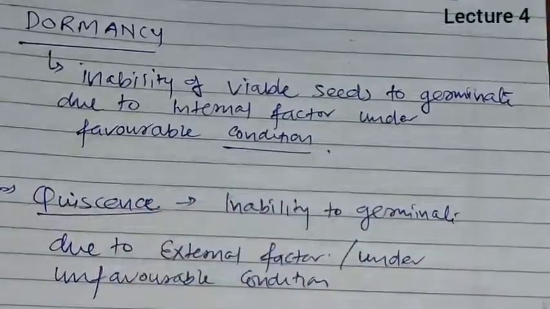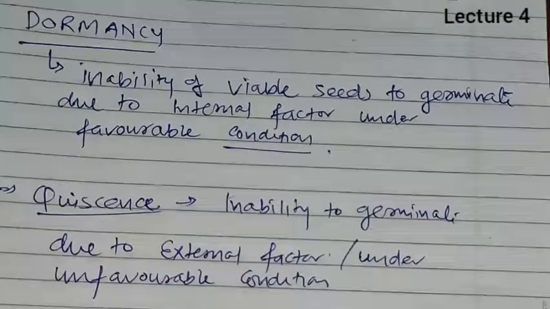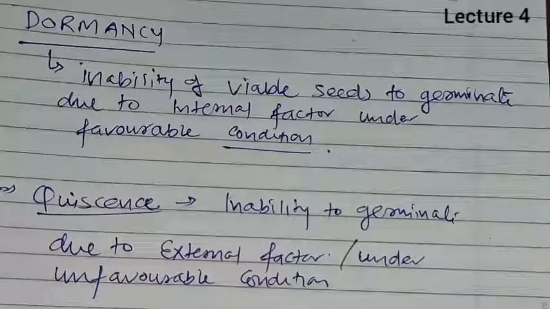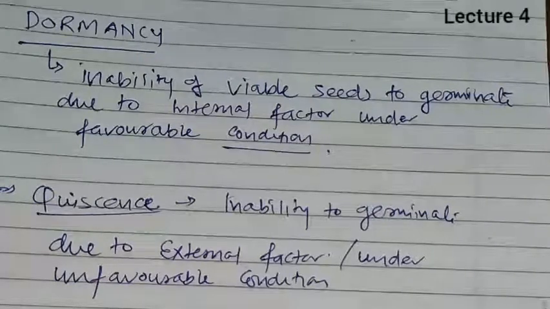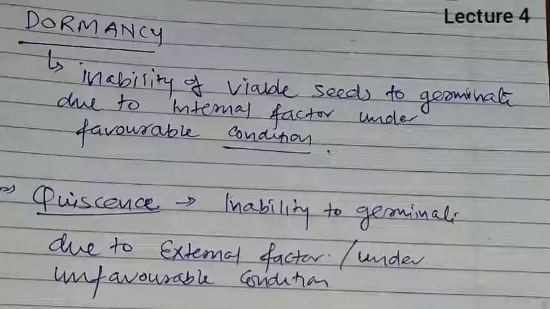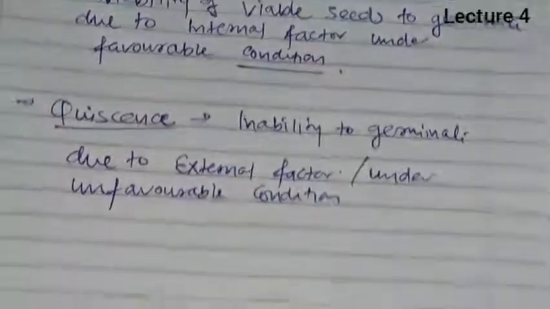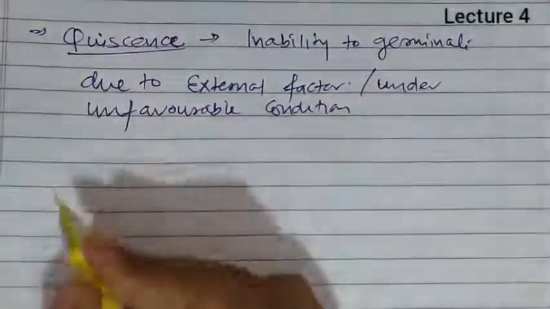So quiescence is due to a defect in the external factor and dormancy is due to a defect in the internal factor. Next we discuss the reasons of dormancy.